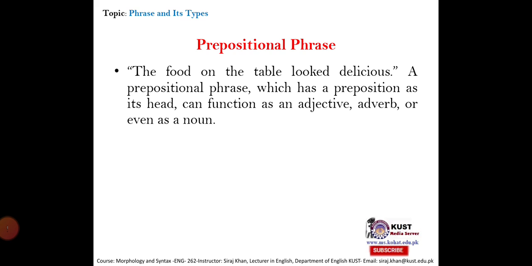A prepositional phrase, which has a preposition as its head, can function as an adjective, adverb, or even as a noun. A prepositional phrase is a group of words that lacks either a verb or a subject and that functions as a unified part of speech.